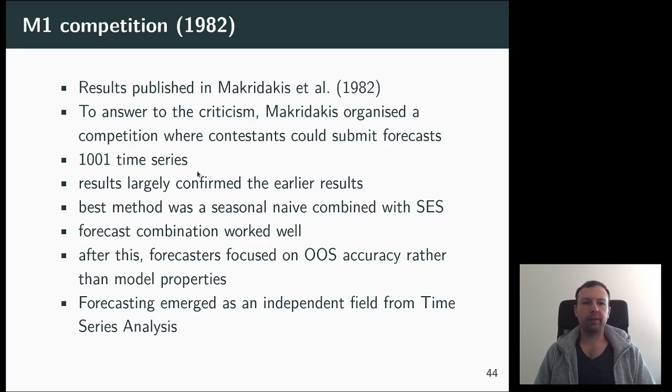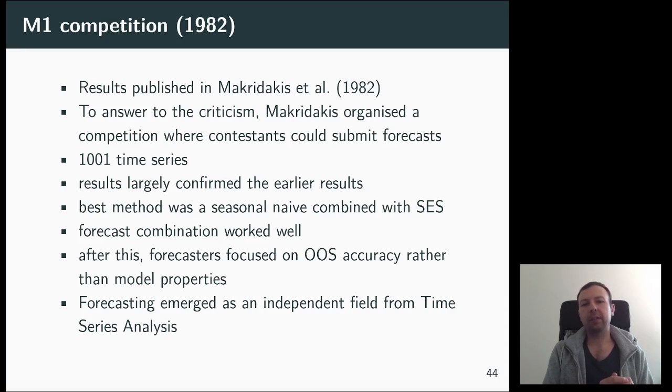This time it was 1001 time series, and the results largely confirmed the earlier results. The best method was a seasonal naive combined with SES, and forecast combination worked well. It had really profound implications, because after this competition, forecasters focused much more on out-of-sample accuracy rather than on model properties.